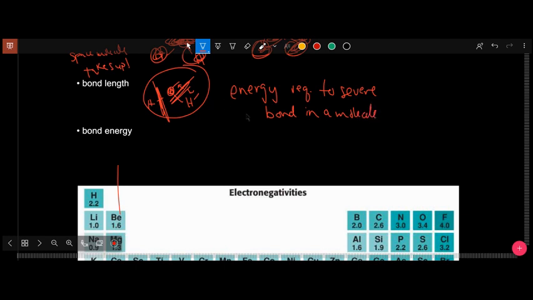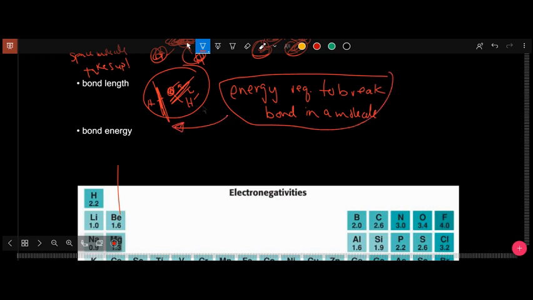The reason I think the textbook definition is a little challenging is because we don't really know what a mole is yet. We haven't talked too much about that. So let's just say the energy required to break a bond within a molecule is bond energy.